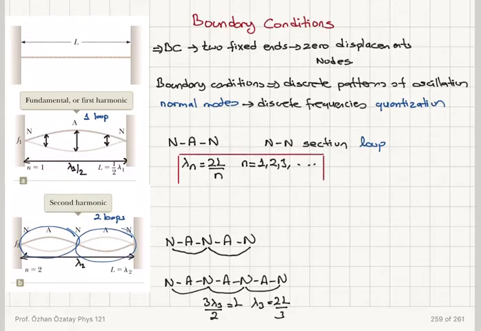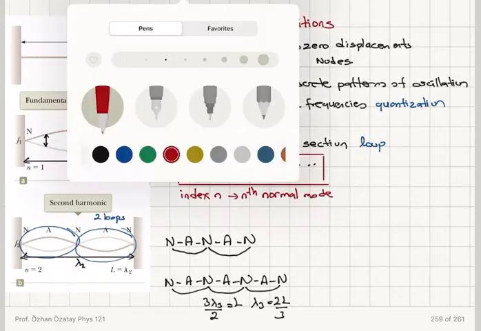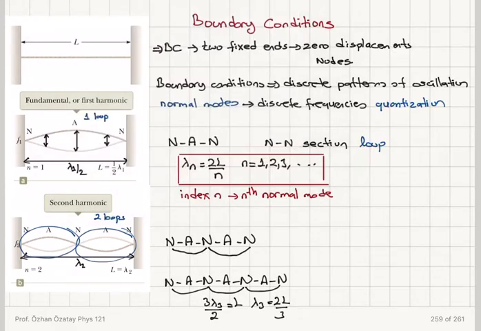So I find this relationship between the wavelengths of the normal modes that I produce. The index n describes the nth normal mode.